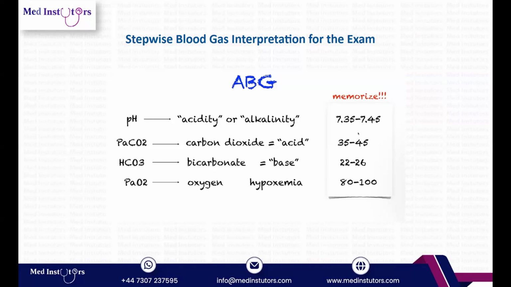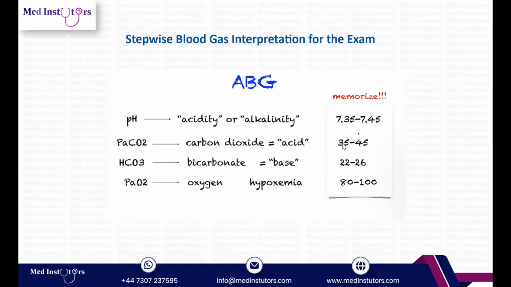Then the next question is, why does this acidosis happen? Is it a problem with the lungs, or is it a problem with the kidneys? For now, just look at the ranges. The normal range in the blood for carbon dioxide is 35 millimeters of mercury to 45 millimeters of mercury.